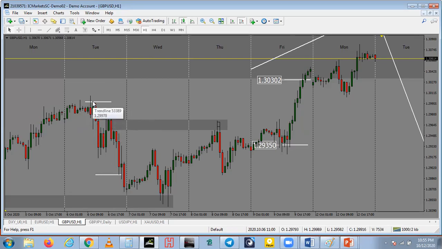So let's say you enter at this price. Okay, that's the price you entered, and you exited is your sell at this price. So until price goes below where you entered, you will not be making profit.